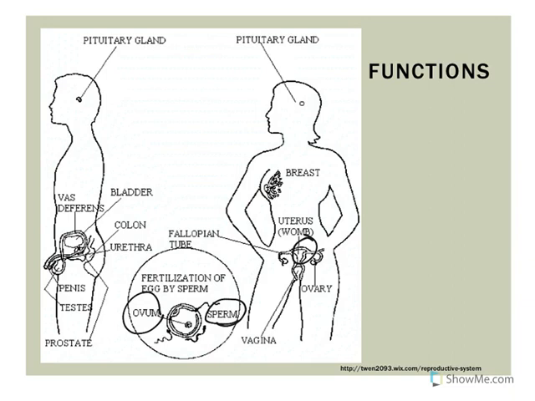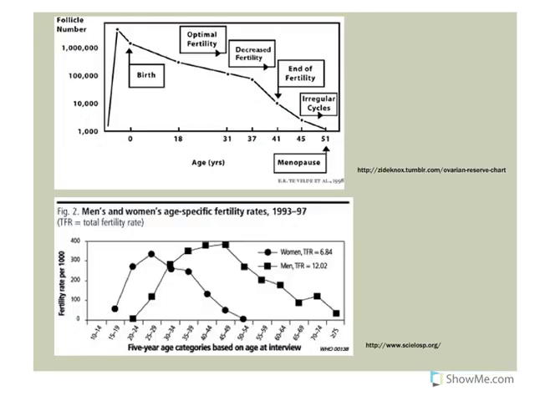Now there are some important differences between male and female reproduction. One of the things that's different is that males will continuously produce sperm, which is the male gamete, and the fertility of males peaks a little later than the females, and it doesn't really drop off much until greater than 75.